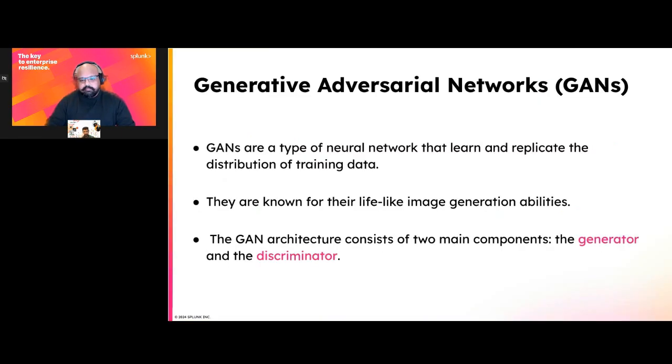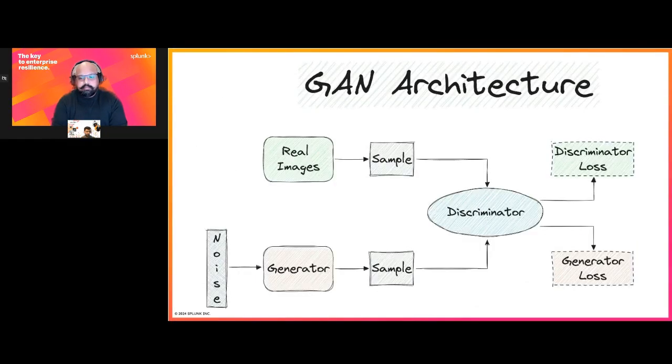GANs have been popular because of their great performance in generating very human-looking images. They are a type of neural network that learns and replicates the distribution of training data, and they consist of two main components, the generator and the discriminator. Here's a look at a simple GAN architecture.